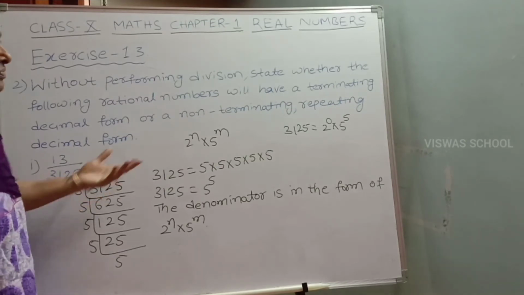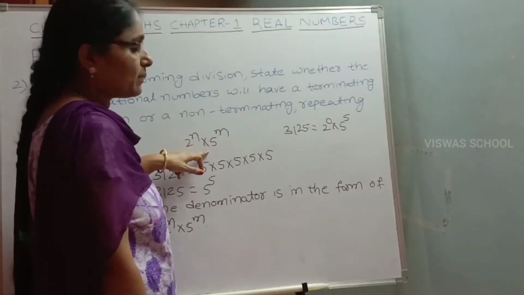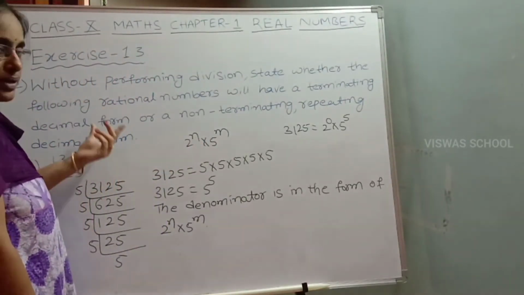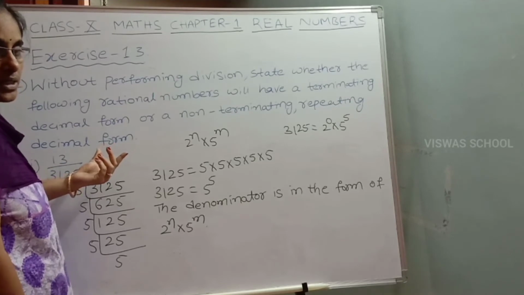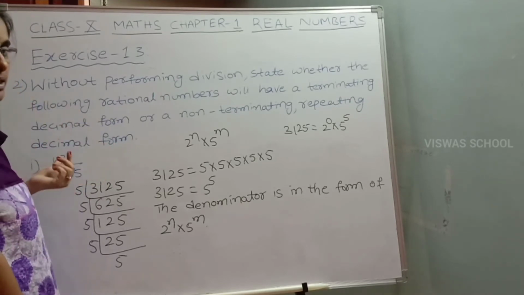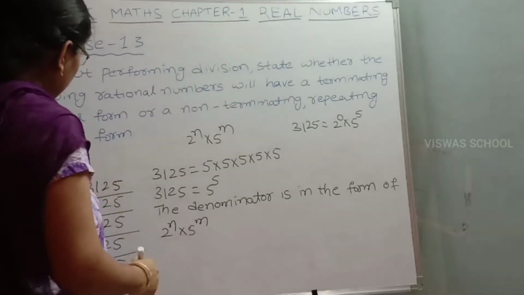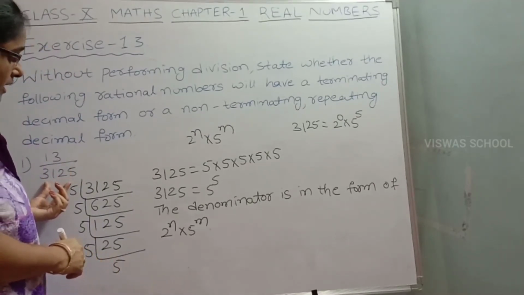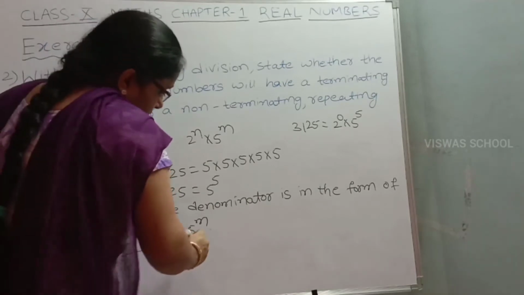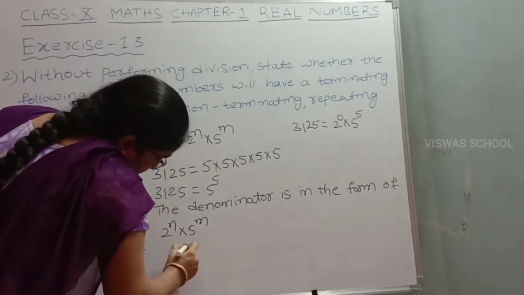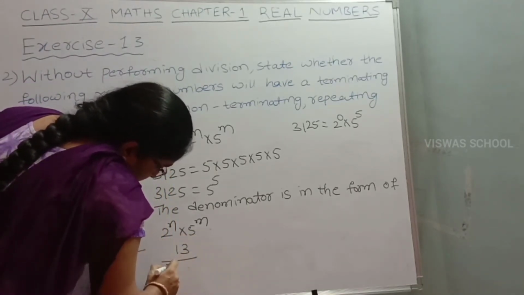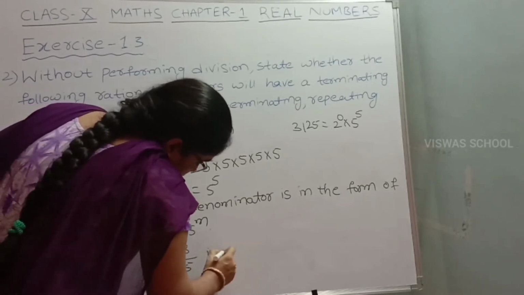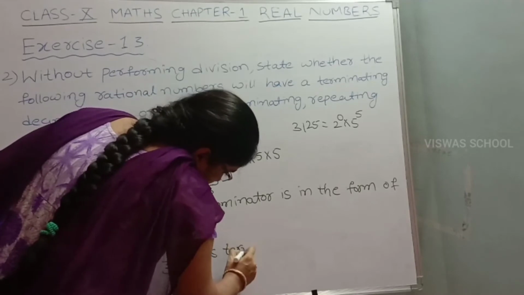If it is 2 power n into 5 power m, then the given form is which one? Terminating or non-terminating repeating decimal. This is terminating decimal form. That is, 13 by 3125 is terminating decimal form.